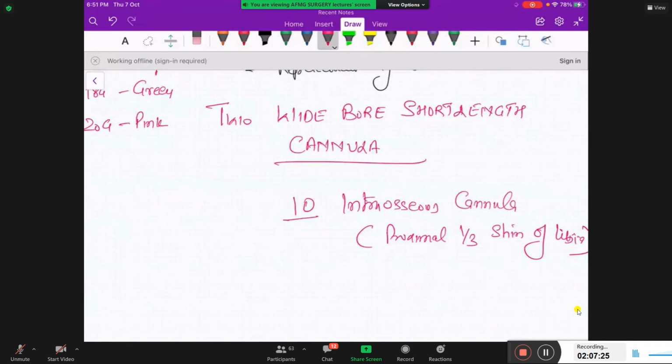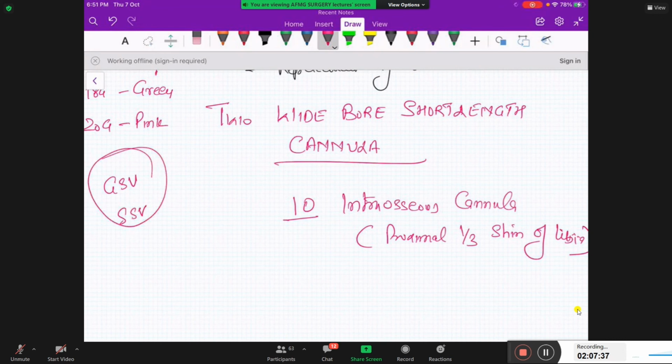Please highlight it in your notes that you will never put a cannula in the great saphenous vein or short saphenous vein. So you should not put a cannula in the lower limb veins. Why should we not put a cannula in a lower limb vein? Because the great saphenous vein and short saphenous vein are very important for us.